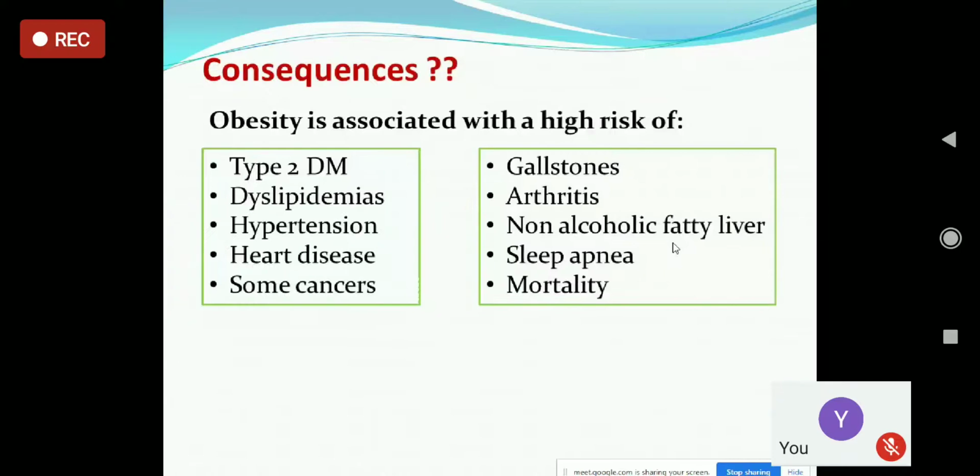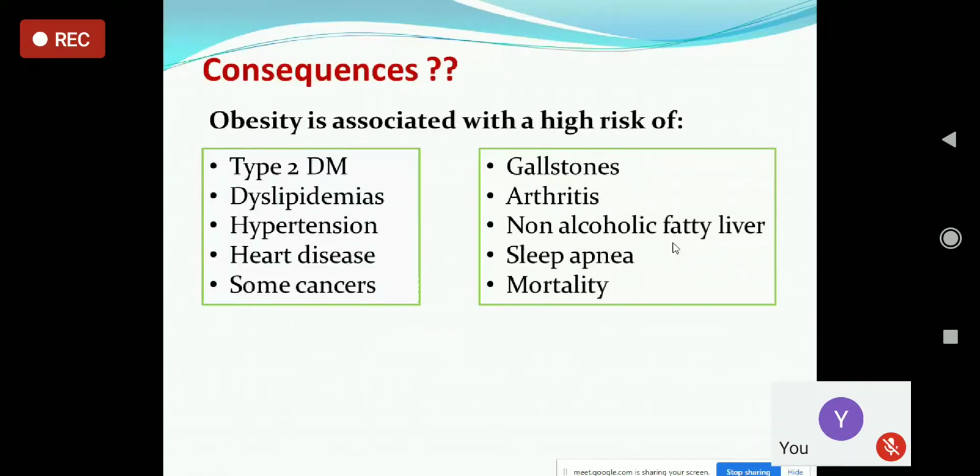So what are the consequences of obesity? Obesity is associated with a high risk of type 2 diabetes mellitus, dyslipidemia, hypertension, heart disease, some kinds of cancers, gallstones, arthritis, non-alcoholic fatty liver, sleep apnea, and mortality.